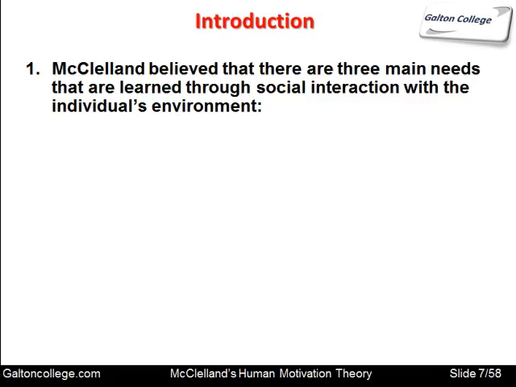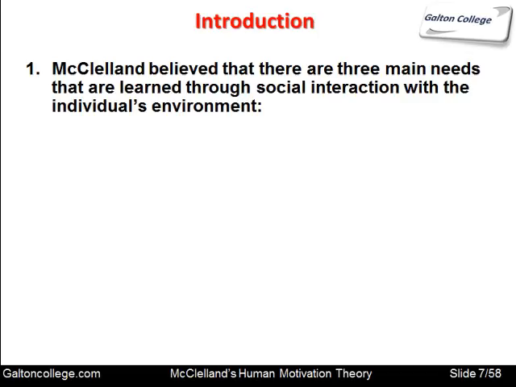McClelland believed that there are three main needs that are learned through social interaction with the individual's environment. So three needs are really developed through social interaction. We know that personality can be derived from nature or from nurture, according to psychology.